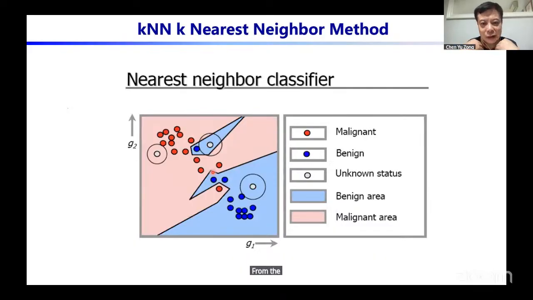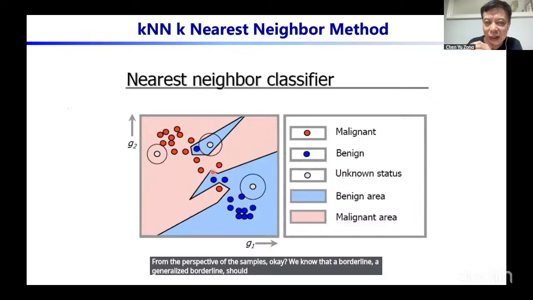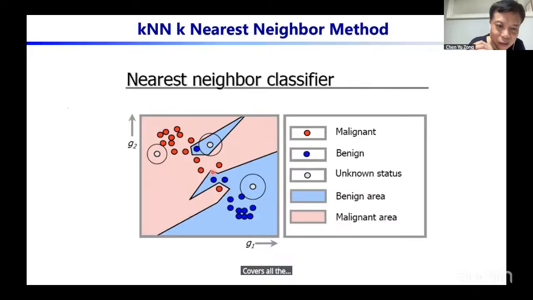In this case, as I just mentioned, we may look at the borderline from the perspective of the samples. We know that a generalized borderline should be such that it maximally covers all the red dots without covering the blue dots.